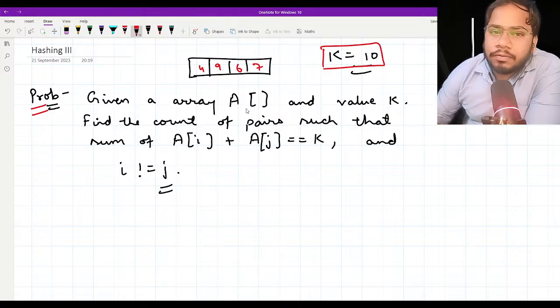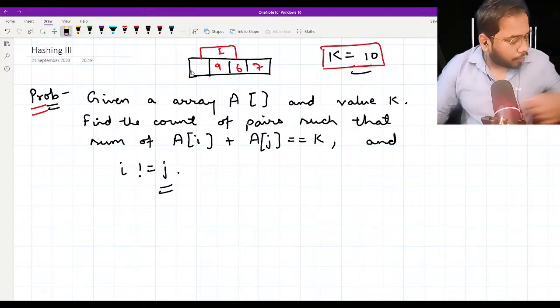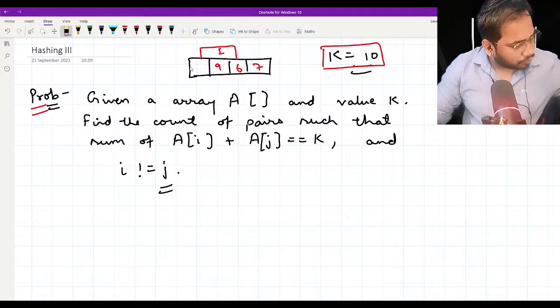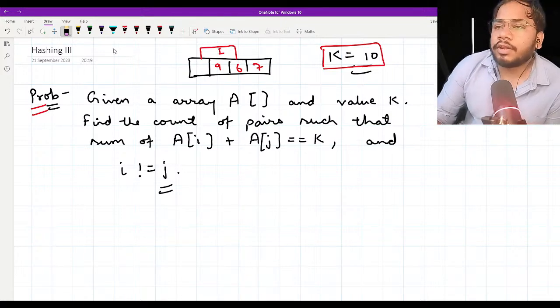So how will we give the count? We have to count the number of pairs. Here, as we can see, we have only one such pair. And suppose the values are 3, 3, and 4.